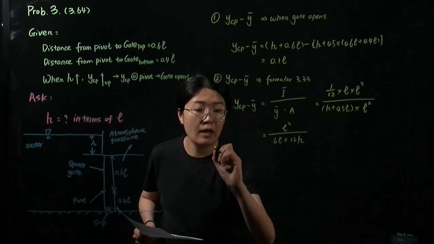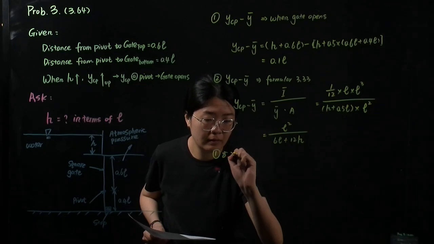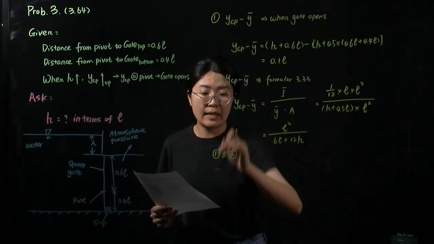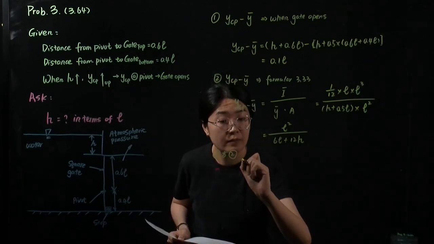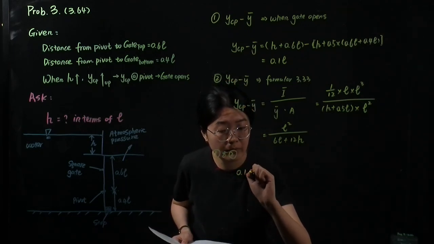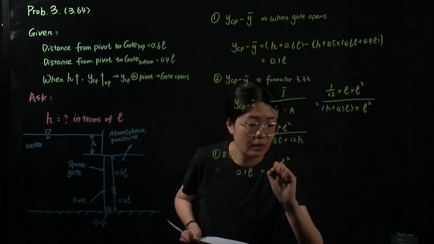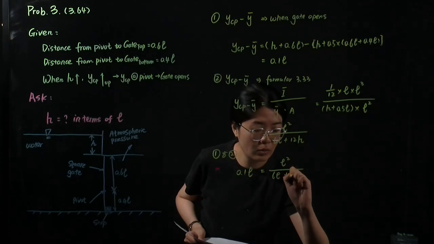Okay, after we combine the results from the first and the second equation, we will get 0.1 L equals L squared over 6L plus 12H.